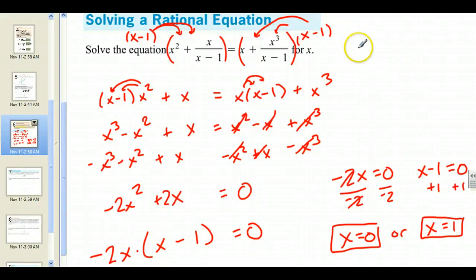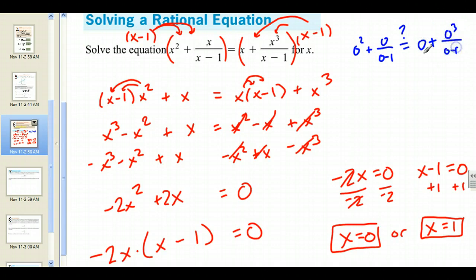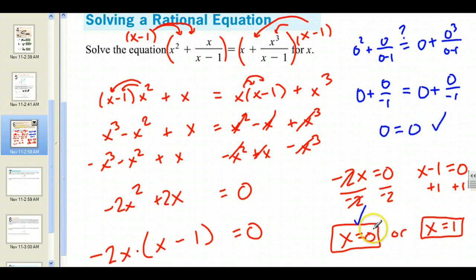Alright, 0 squared is 0. 0 divided by negative 1. 0 plus, this is 0 divided by negative 1. Alright, 0 divided by anything, as long as it's not 0, is 0. So left we get 0, right we get 0. So that one works.